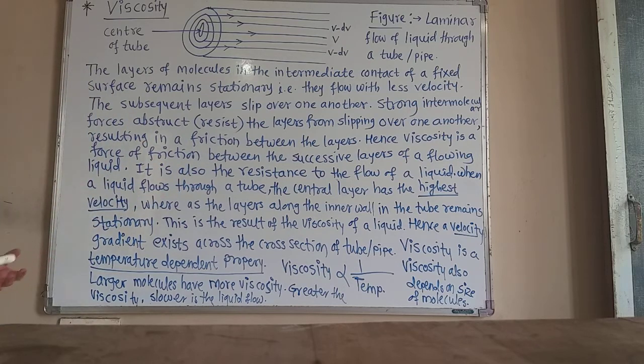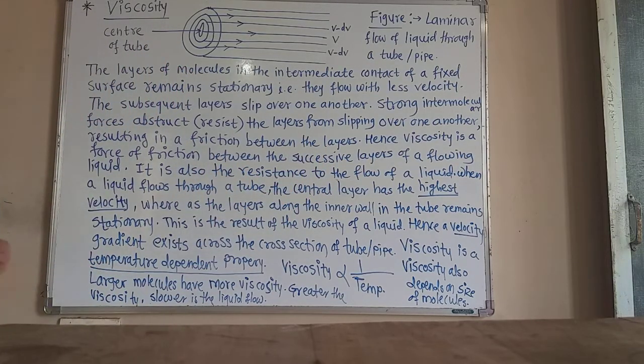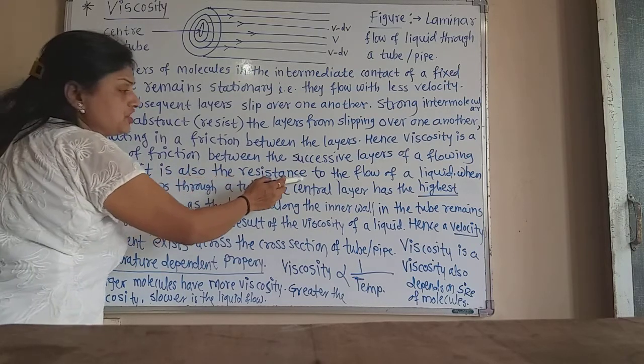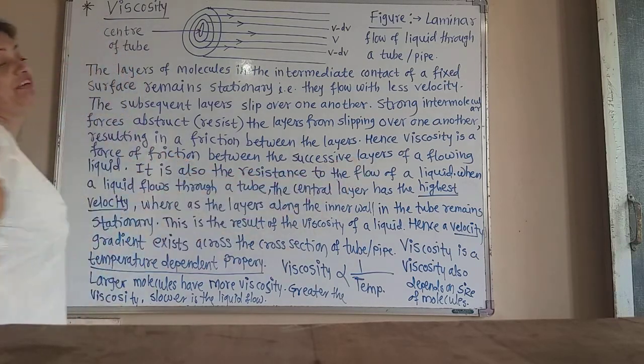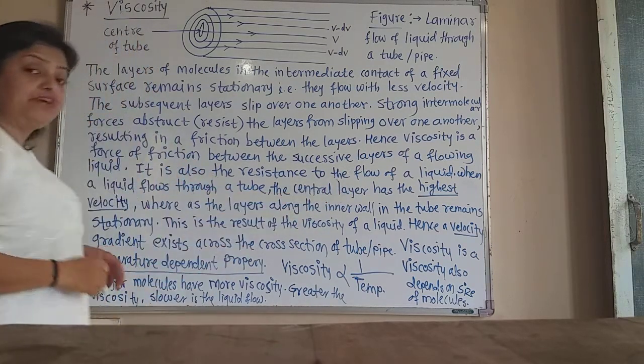Viscosity is the force of friction between the successive layers of a flowing liquid. Viscosity is also the resistance to the flow of a liquid. Remember that.